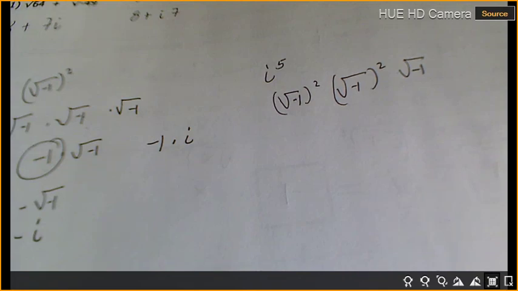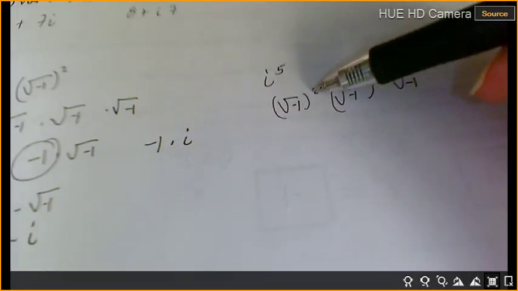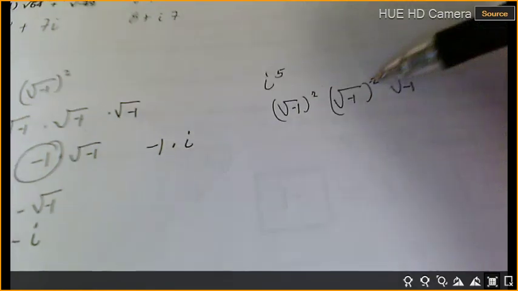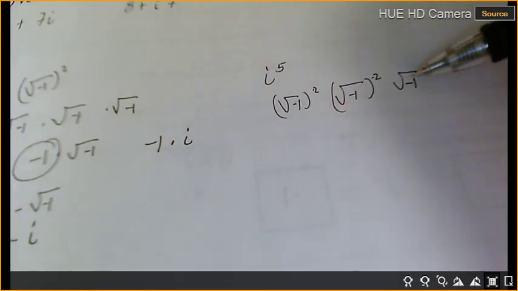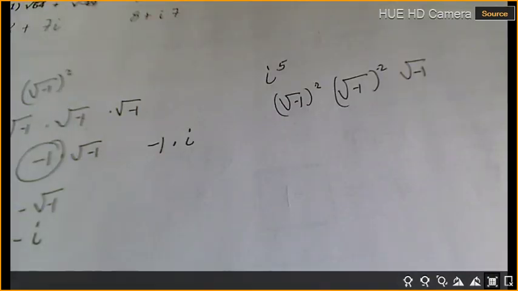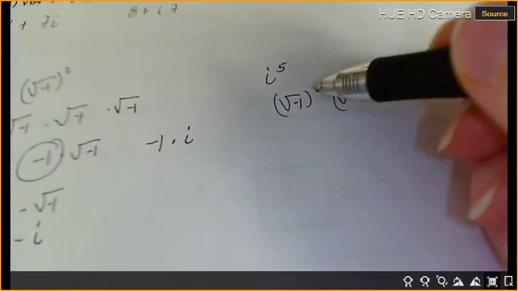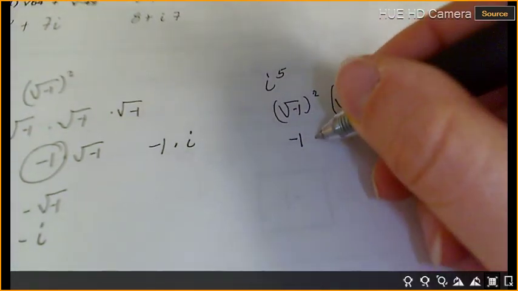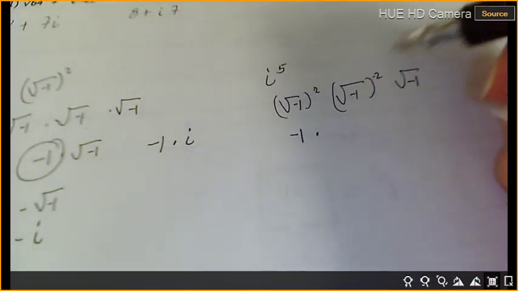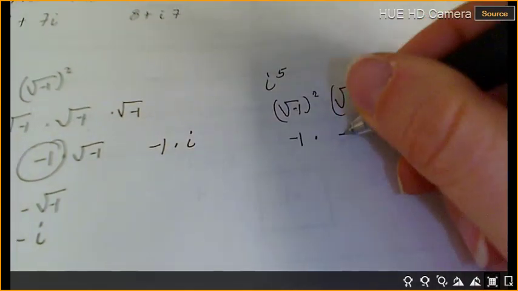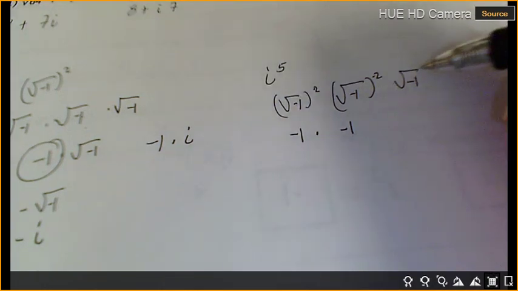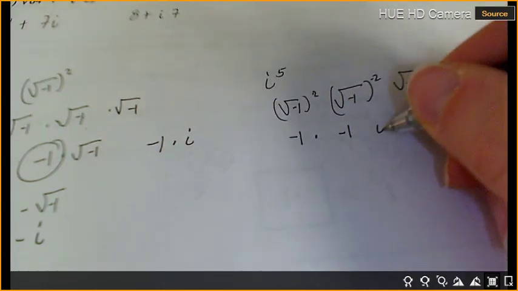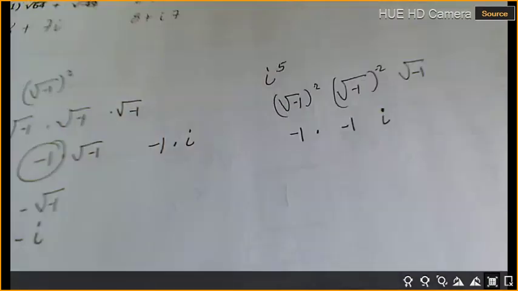We've got 2 of these, 4, 1 more makes 5. We know the square root of negative 1 squared gives me negative 1. I know the square root of negative 1 just gives me i, because it's not being squared.